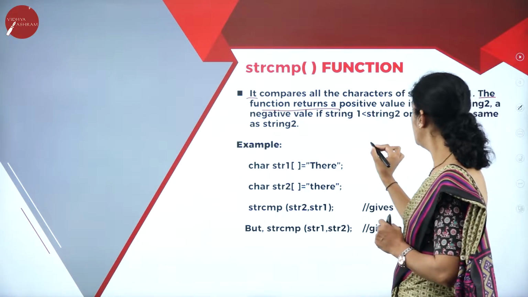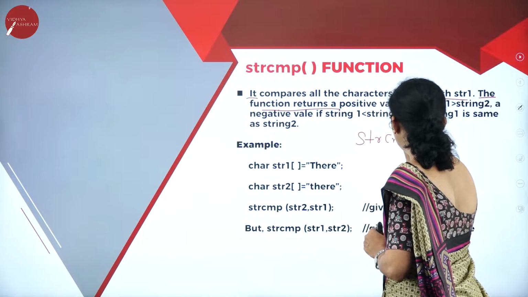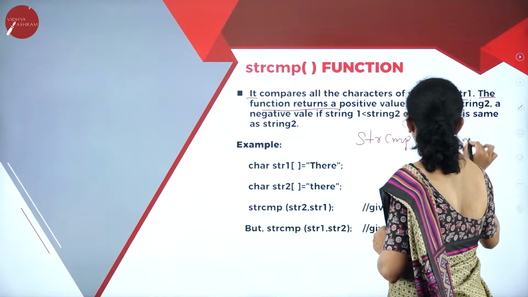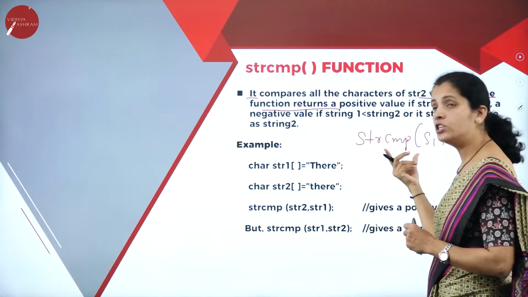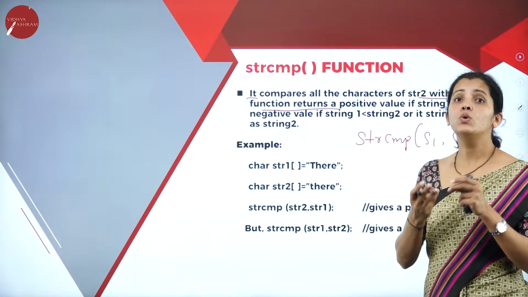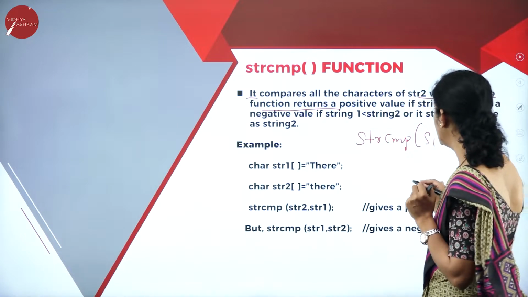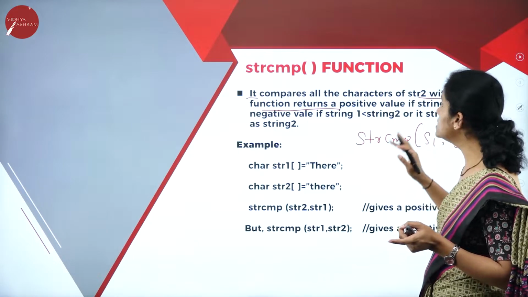For example, strcmp, think that s1 and s2 are my two strings. If I call this function in my program, it's going to return three possible outputs: a positive number, a negative number, as well as 0.